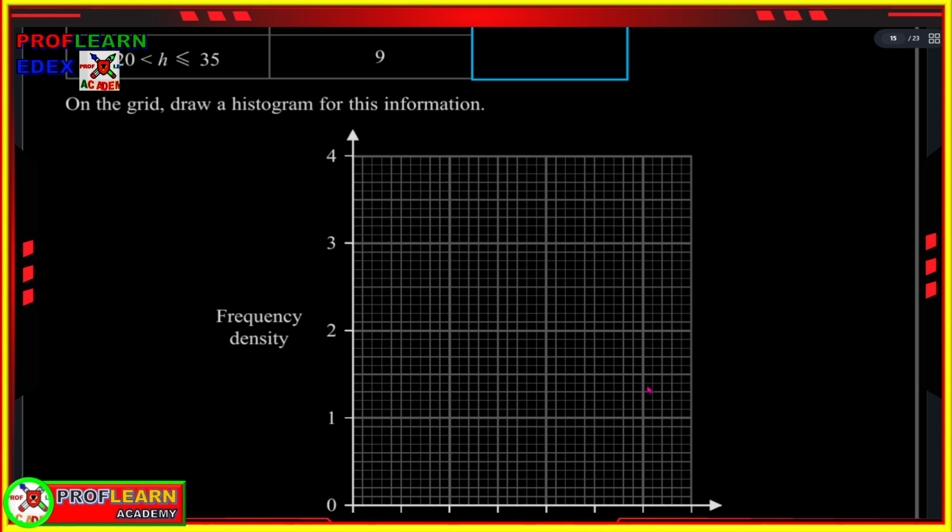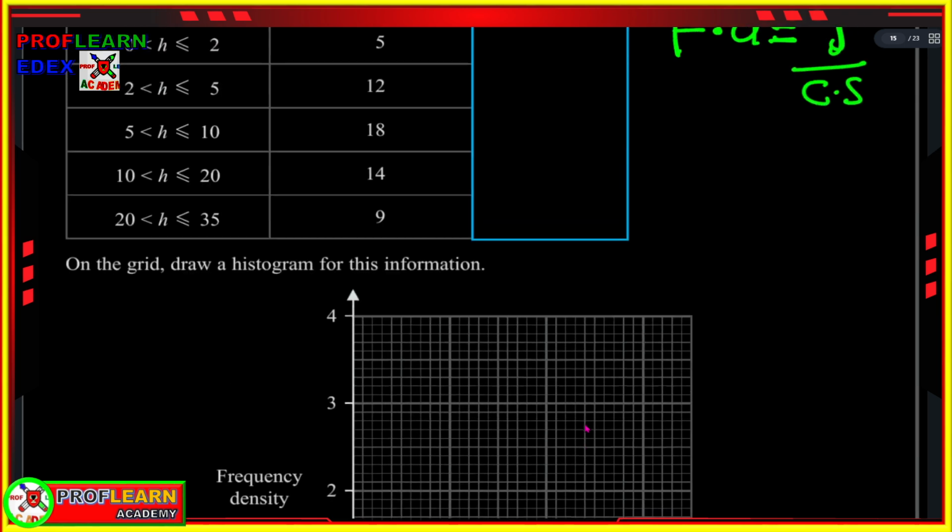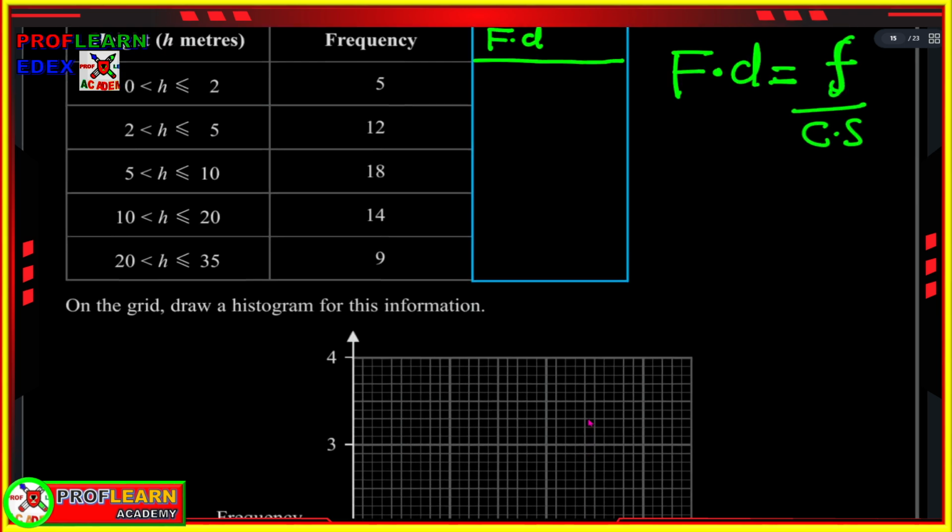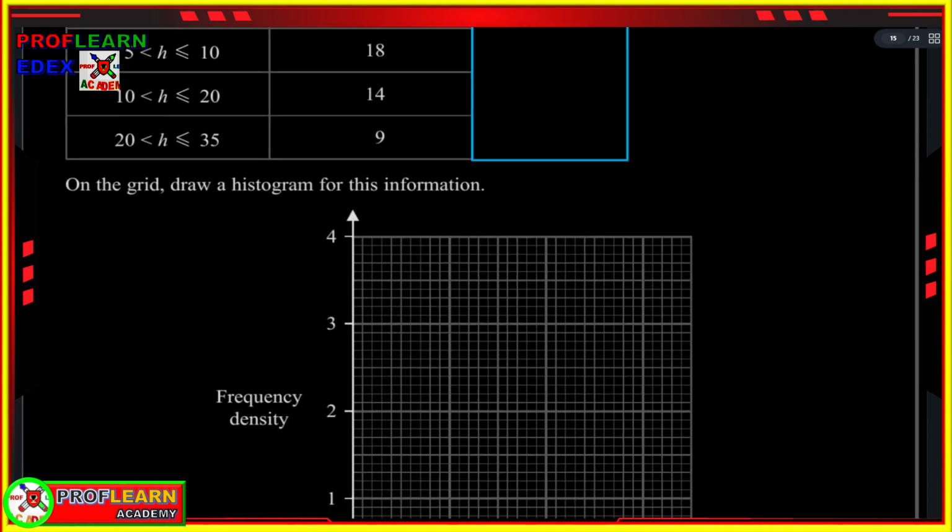So if you didn't watch that part, kindly go and check the video I uploaded yesterday, so that you prepare for the two kinds of questions, because they can give you that information and then expect you to fill in some information for the table, and also some part in the histogram which you will be expected to complete.